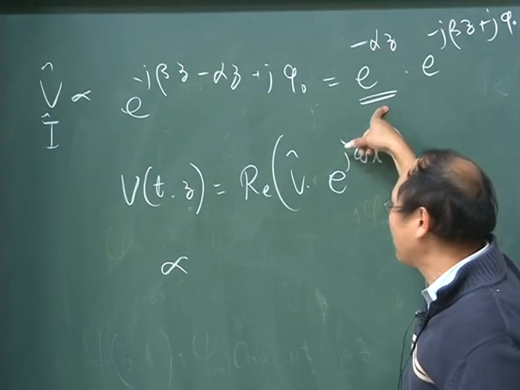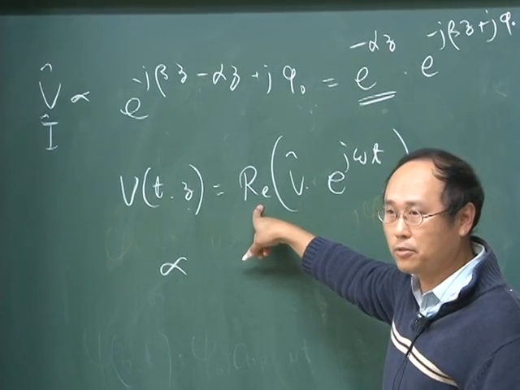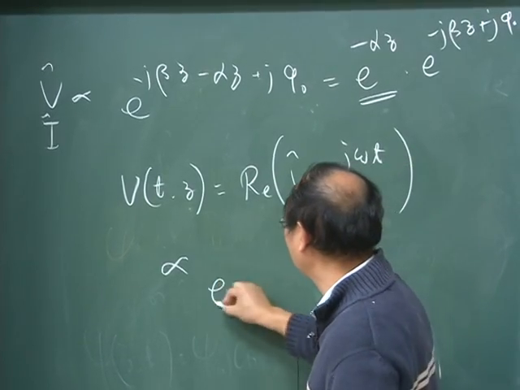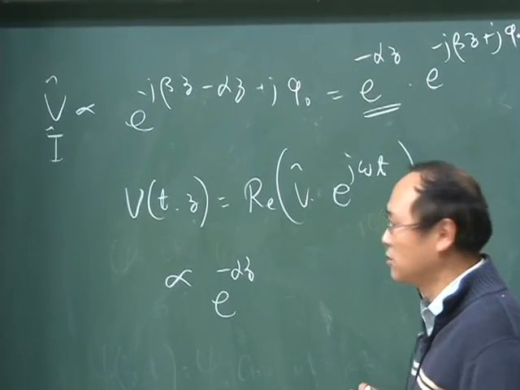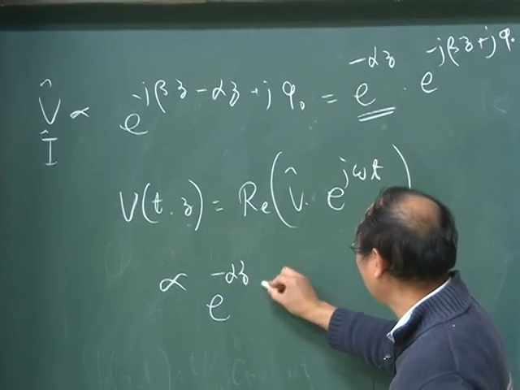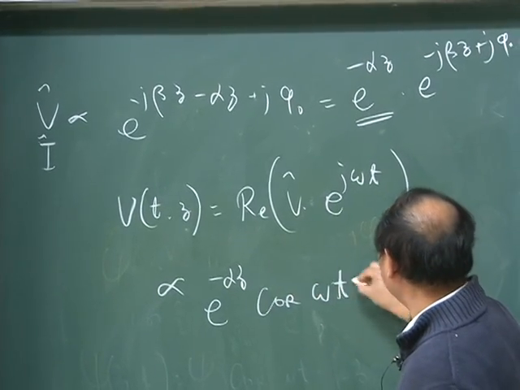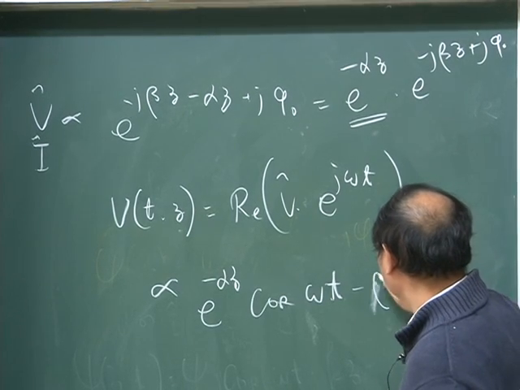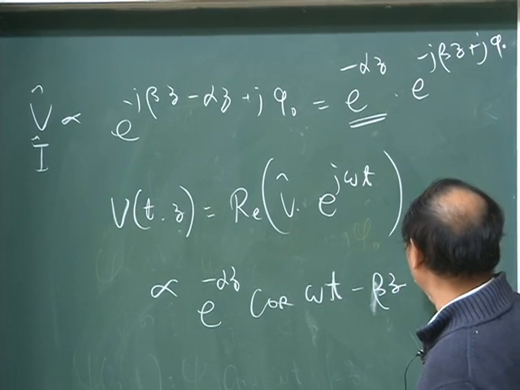This term is not affected by this operator, so you can just pull it out. So you have exponential minus alpha z, just take it out, and then you have cosine omega t minus beta z, and then plus phi 0.